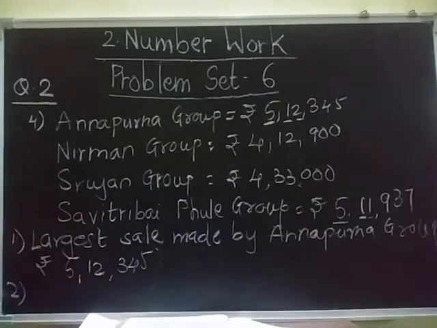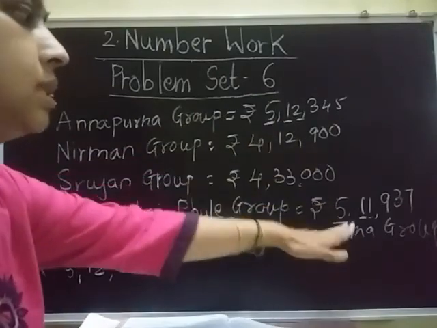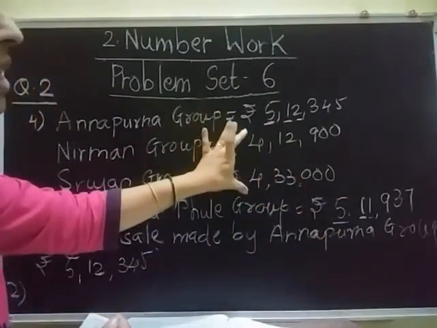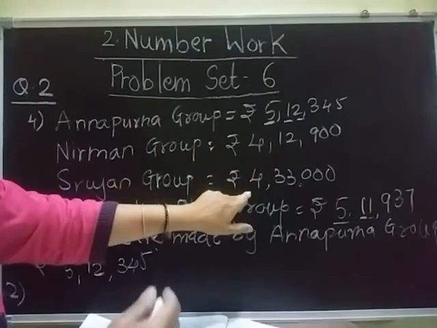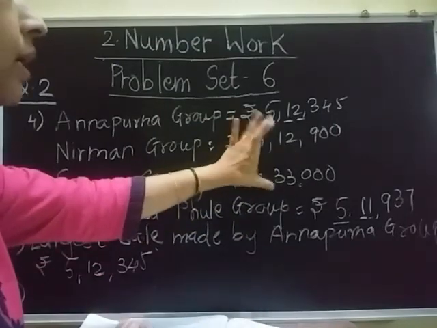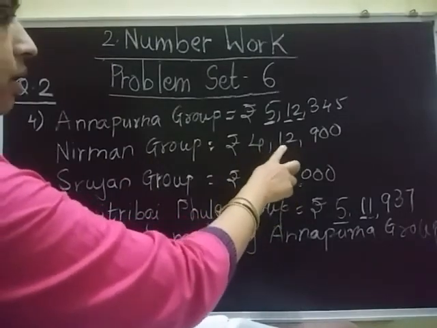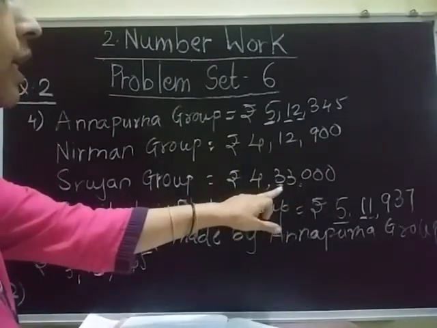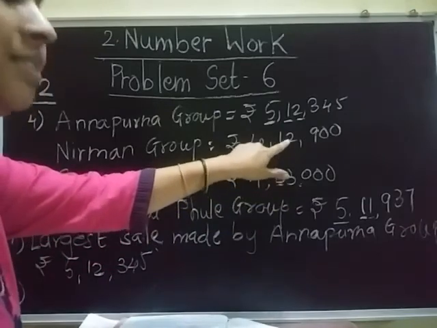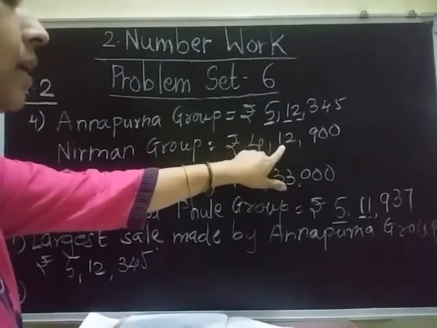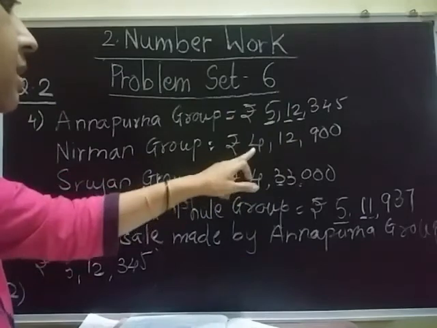Now what is the second question? Second question is smallest. Now we know that these two numbers are large numbers. So here we will see these two numbers are small numbers. So we will compare only these two numbers. So first digit is 4. Second digit here 1 and here it is 3. It means which one is smallest? 4,12,900 is the smallest.